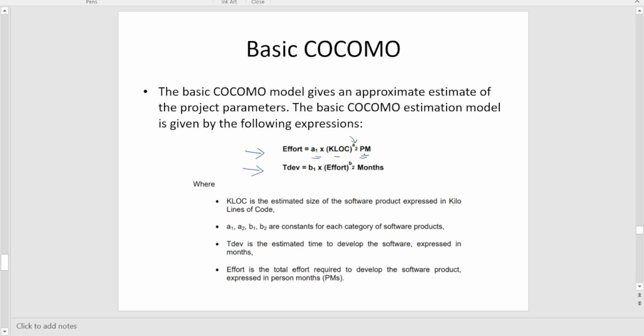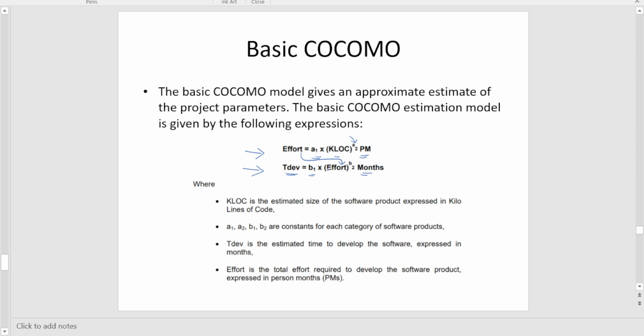Person month is the unit of effort, and TDEV is the development time. That means B1 is the coefficient multiplied by the effort that you computed in the previous stage, raised to the power B2, which is a coefficient again, in months.